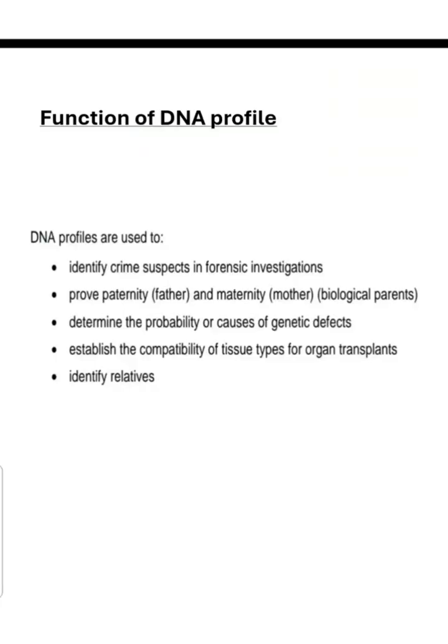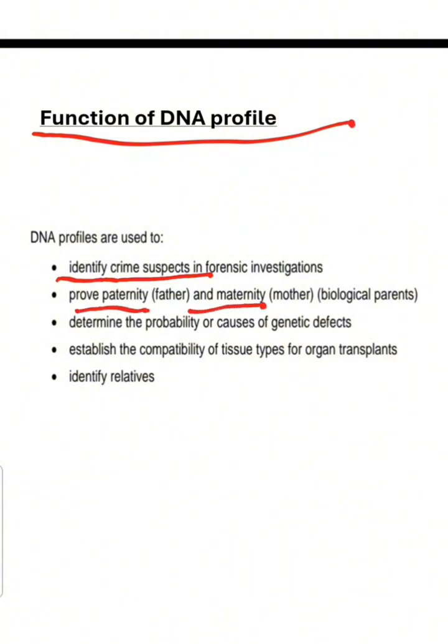Okay, the function of DNA profile, because in life science everything has a function. So let's look at the functions of DNA profile. The main one is to identify crime suspects, or to identify criminals in simple words, then prove paternity and maternity.